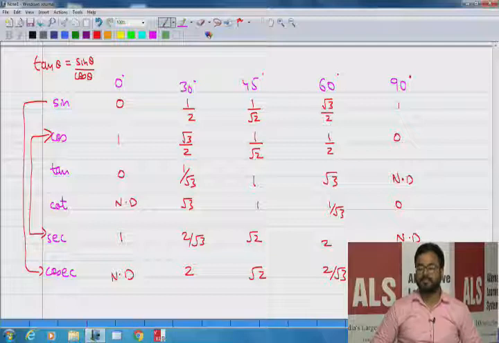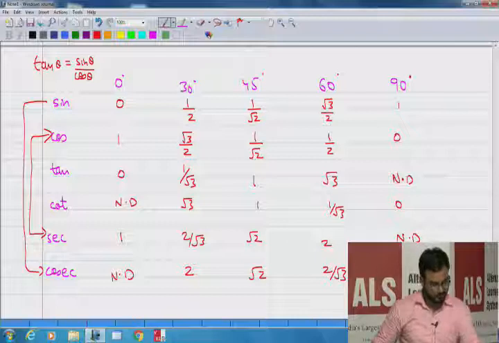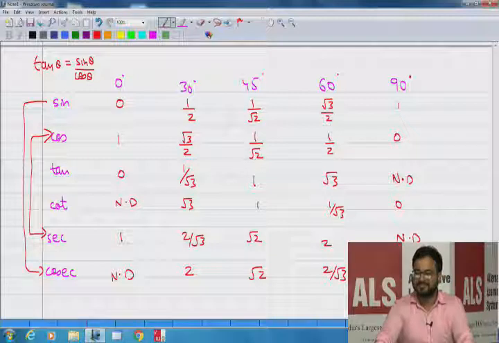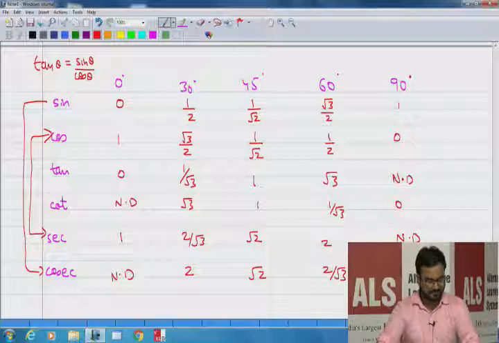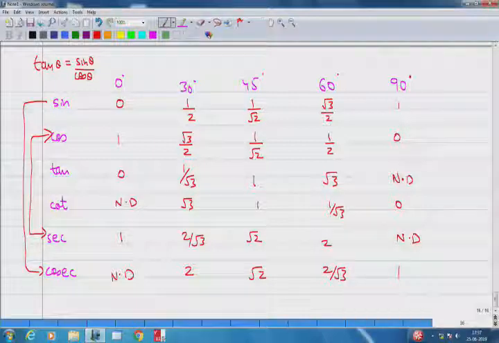Waiting for your response. Any doubt till now? Any center?